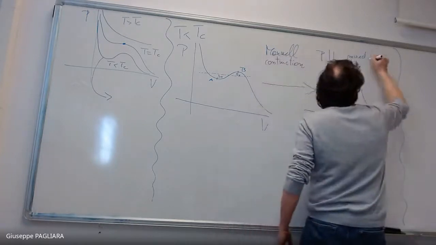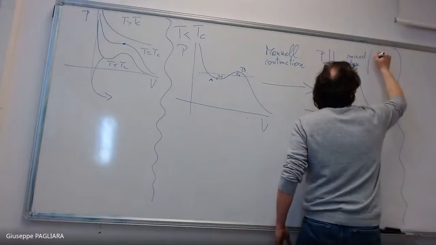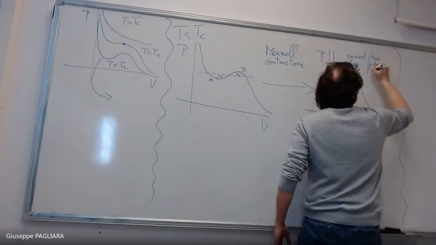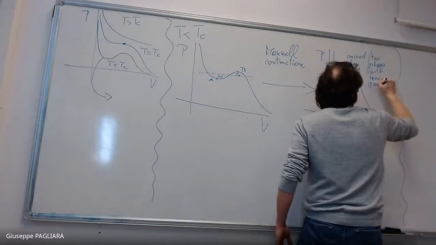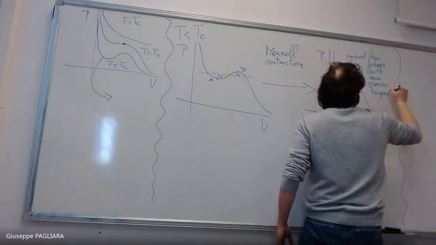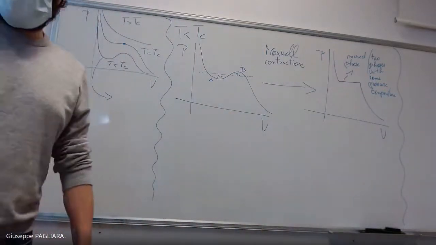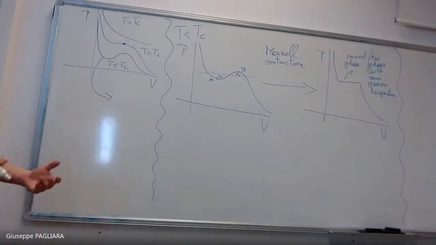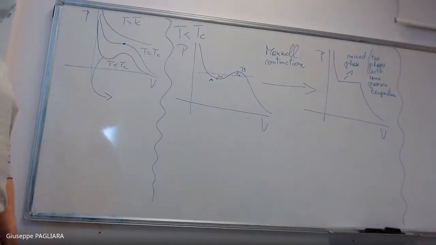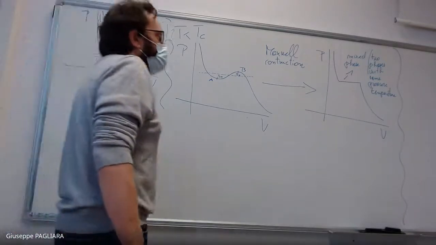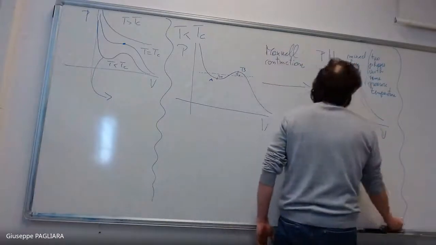Mixed phase, which means two phases with same pressure and same temperature. Which is exactly the behavior that we see empirically when we have to deal with the first order phase transition, like a liquid gas phase transition or the melting of ice. Okay, we see a plateau in the pressure.